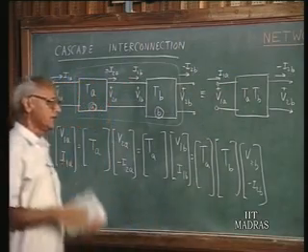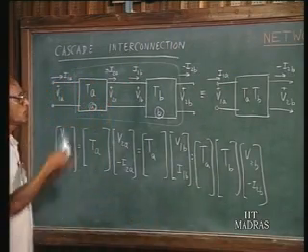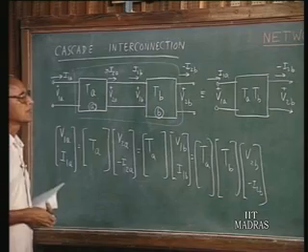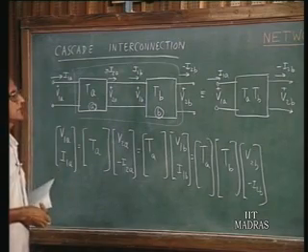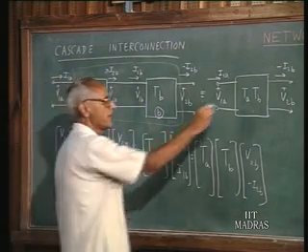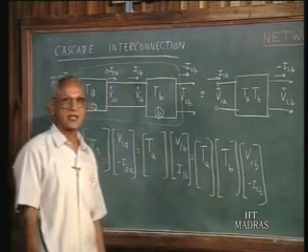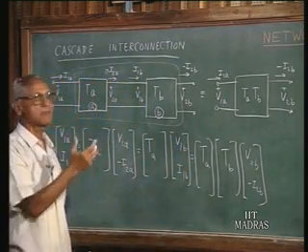So in the cascade connection, if two 2-port networks are connected in cascade, the chain matrix of the cascaded network is the product of the chain matrices of the individual links in that chain. That is why this is called a chain matrix.